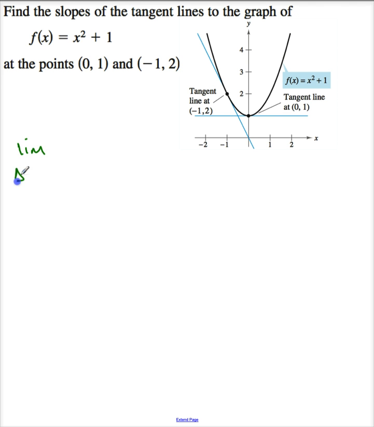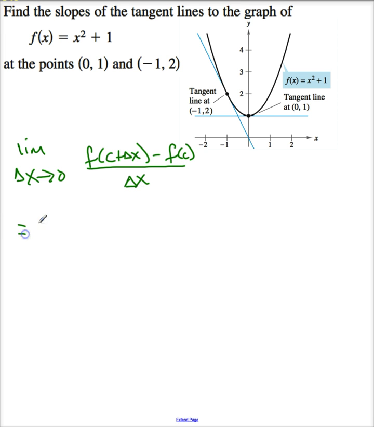The limit as delta x approaches 0 of f of x. Oh, I want c, I don't want x. Sorry about that. I'm skipping ahead. So delta x, well, of f of c plus delta x minus f of c all over delta x.